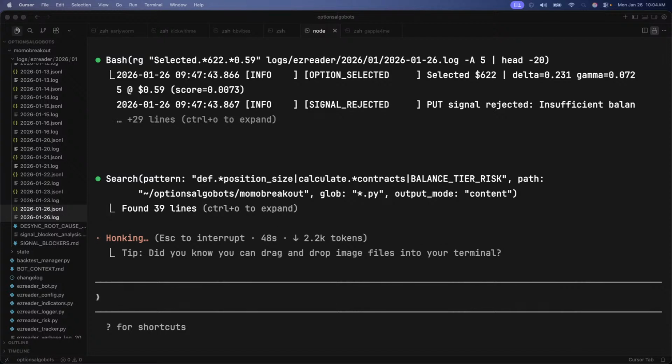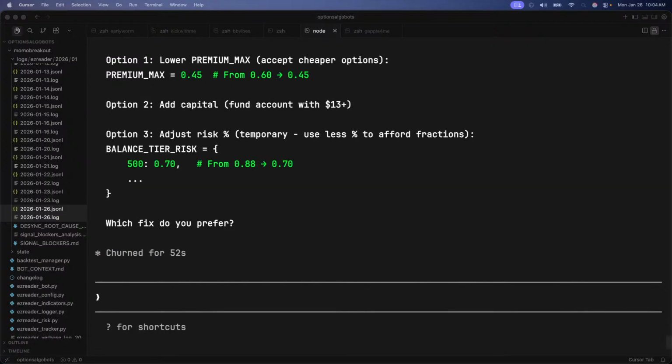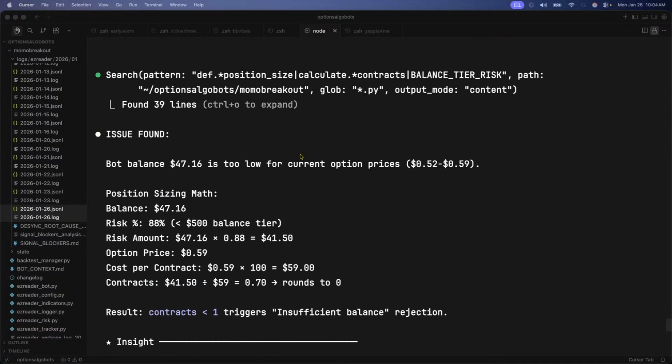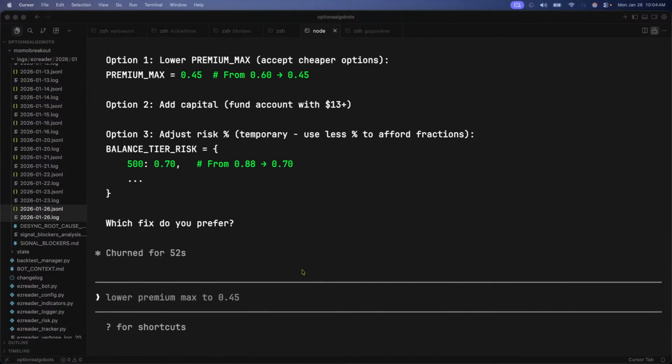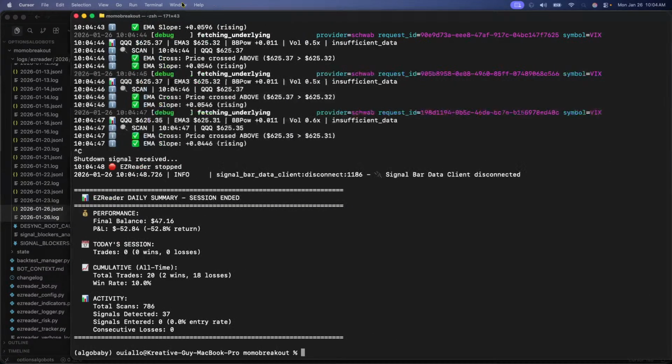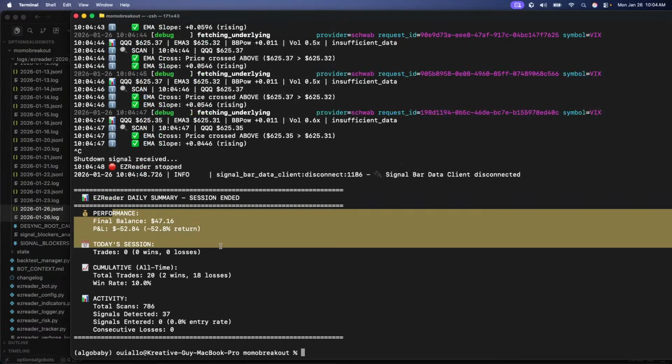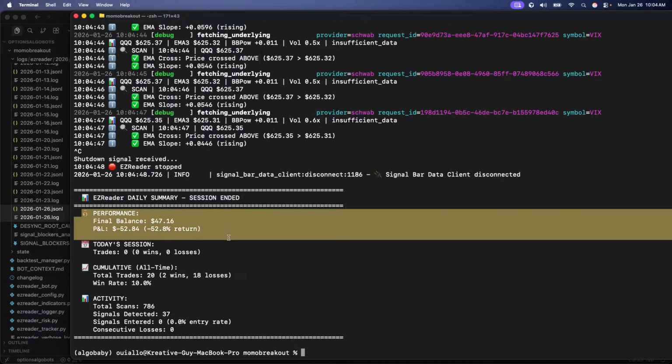Oh, you know what I forgot to do? Let me go ahead and bring in. Wait, what's the problem? The bot balance is supposed to be $100, bro. Y'all see this? This is supposed to reset. It's not resetting. It's just cumulative, right?